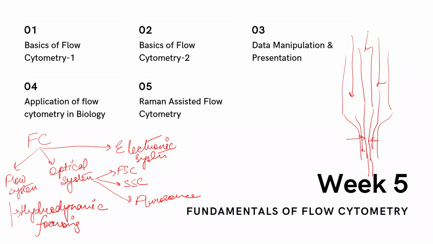Raman assisted flow cytometry. So a brief on Raman spectroscopy, which is a non-destructive technique, and it's a scattering technique. Basically, it works when you incident a light and then the light gets scattered. Usually, some photons, like 1 in 10 to the power 6 photons, undergo Raman scattering.